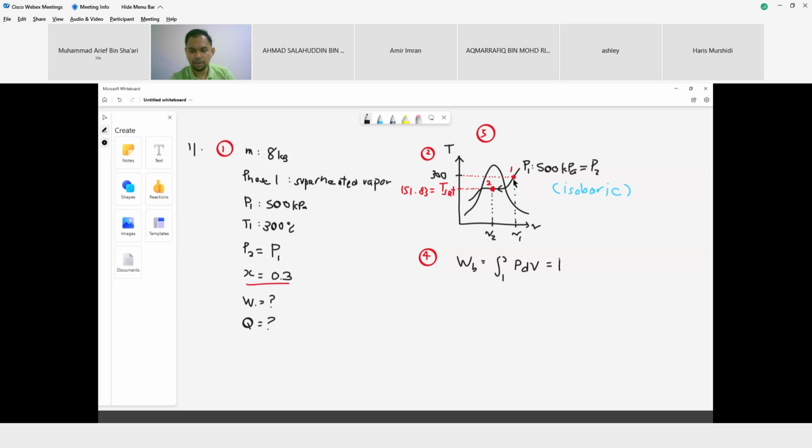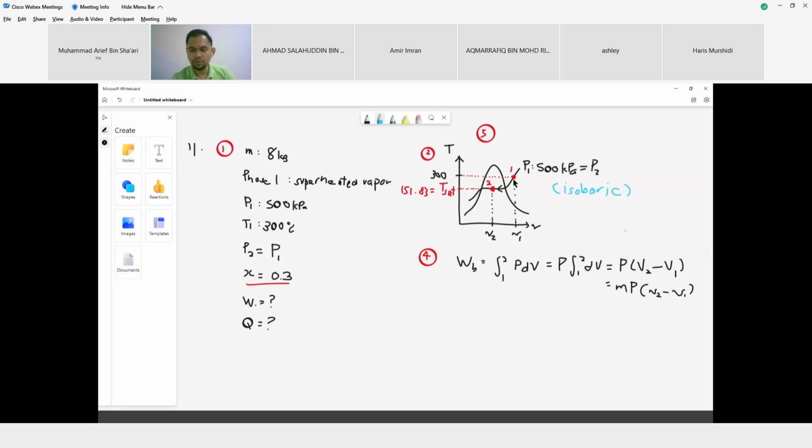So the integration becomes P times the integral from 1 to 2, which is P times volume 2 minus volume 1, or we can write it as specific volume 2, small v2, minus small v1.